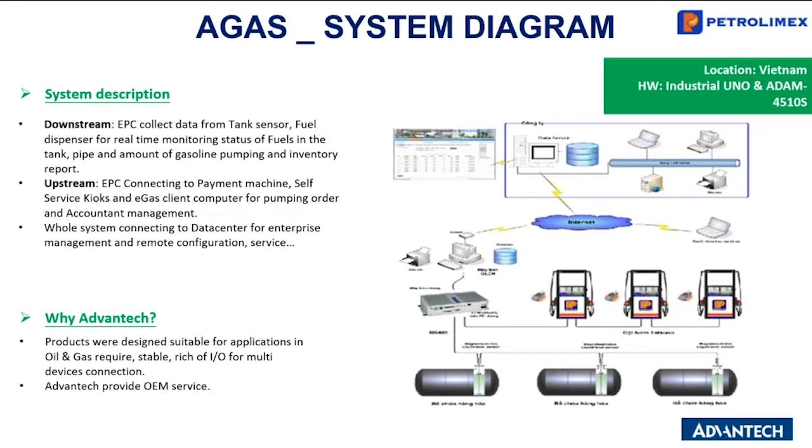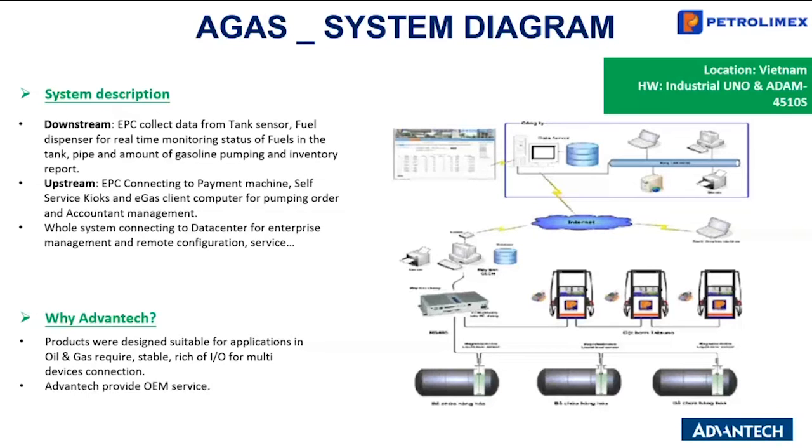For the gasoline station customer, my partner embeds the Uno, an embedded automation computer, to collect data from the gas tank and from the pump column, the gas fuel dispenser.